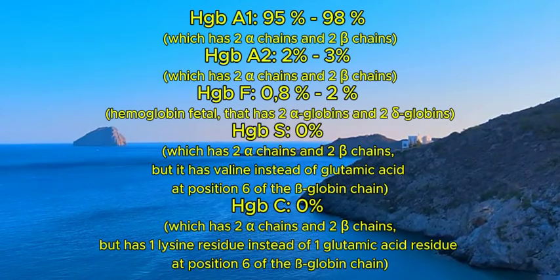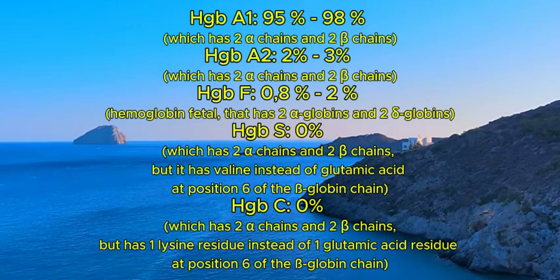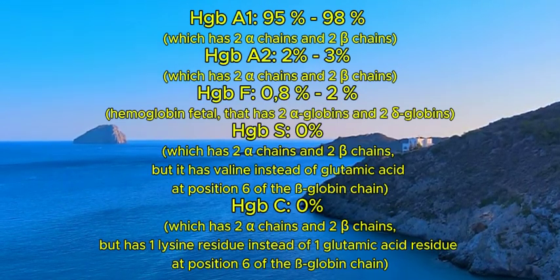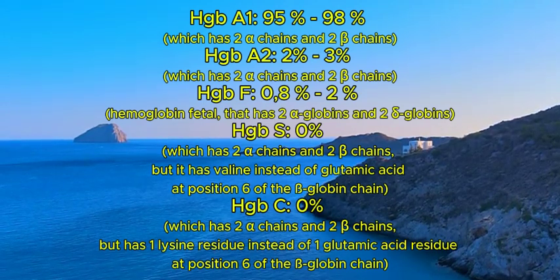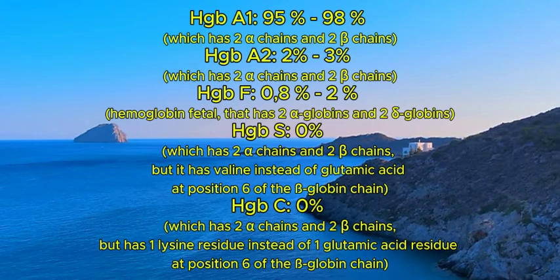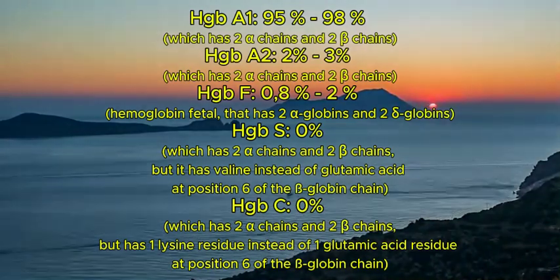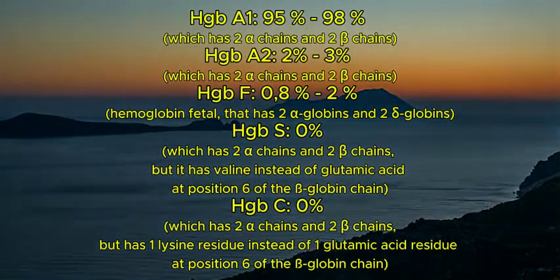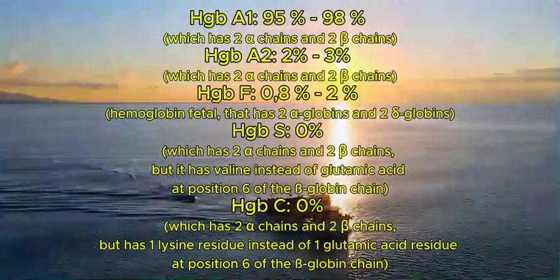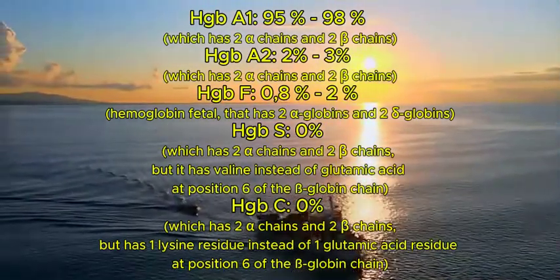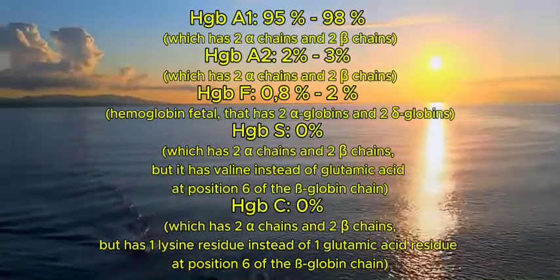This exchange is a consequence of a point mutation in chromosome 11. Those who watch the sickle cell anemia videos remember this alteration. It gives rise to a disease that can be very serious, sickle cell anemia. Hemoglobin S is associated with sickle cell anemia. And last, hemoglobin C, also 0%.